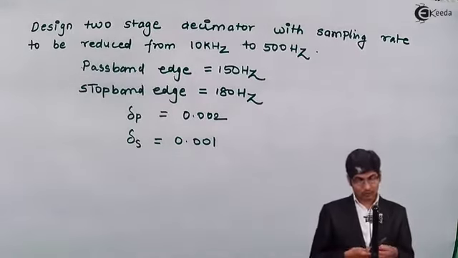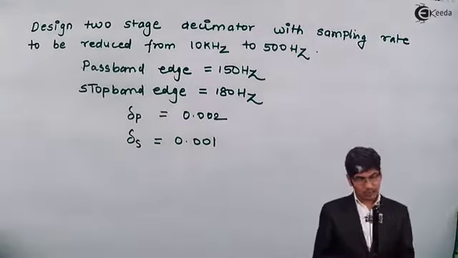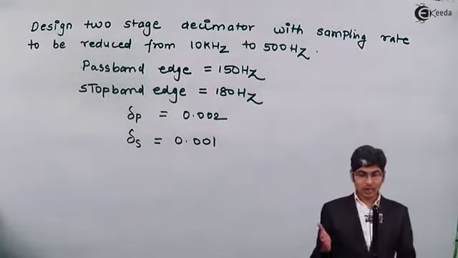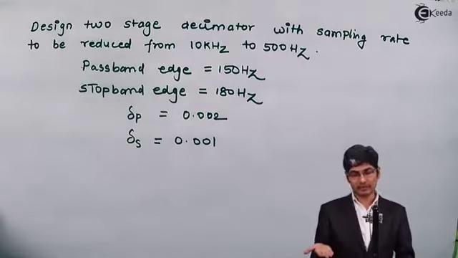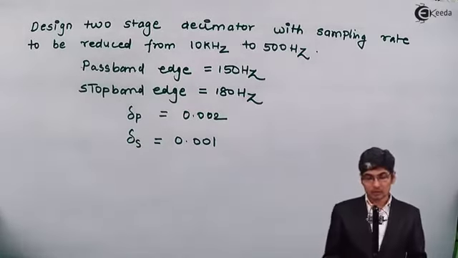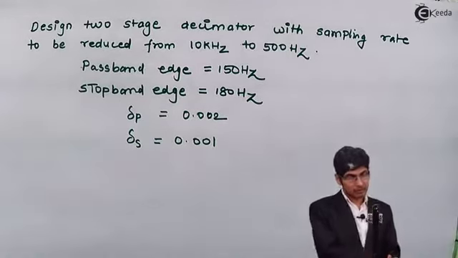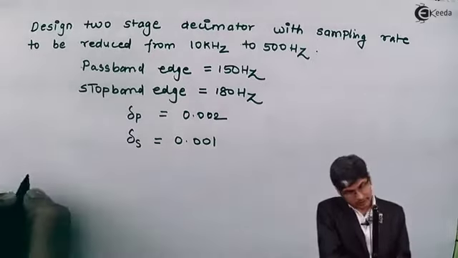So how to proceed? First I need to understand what decimation rate I should use, because I don't know the value of D to reduce the sampling rate. So let us first find the decimation rate.